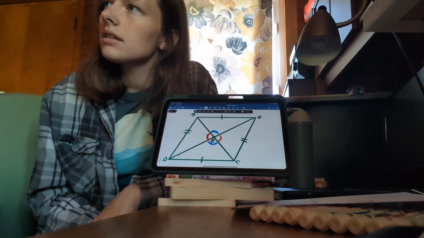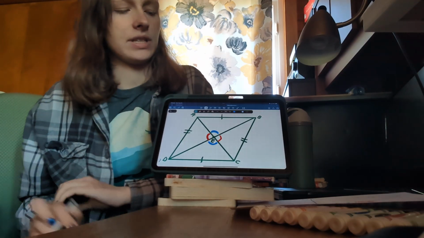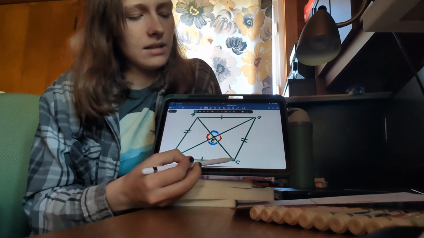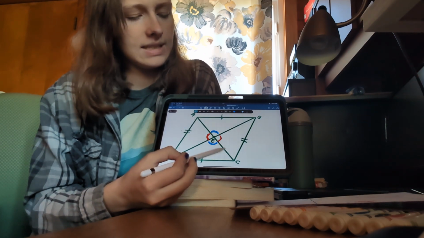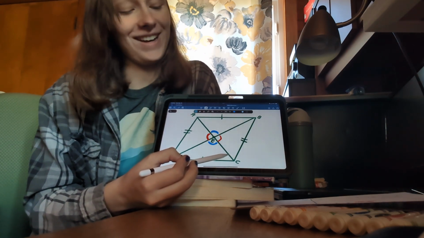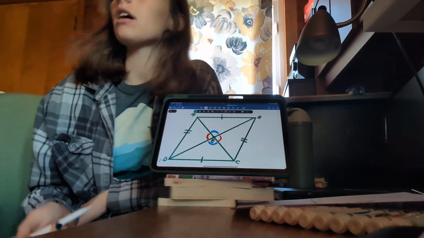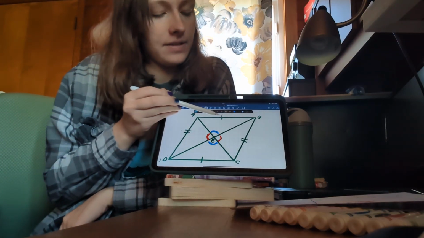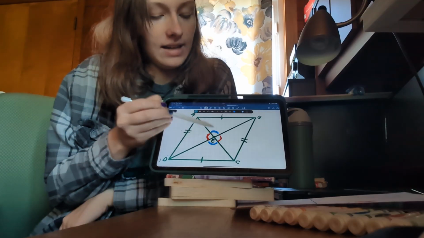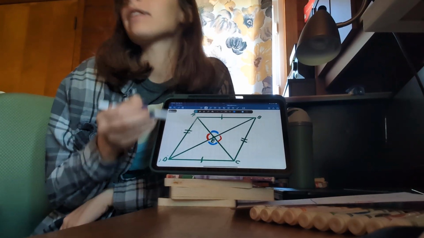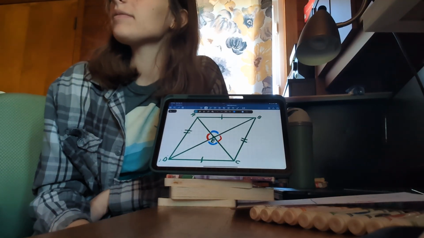Okay. Now let's repeat what Timothy just said. He said that triangle CED and triangle AEB are congruent because they have a side and an angle that are congruent to each other. Do we agree with that?